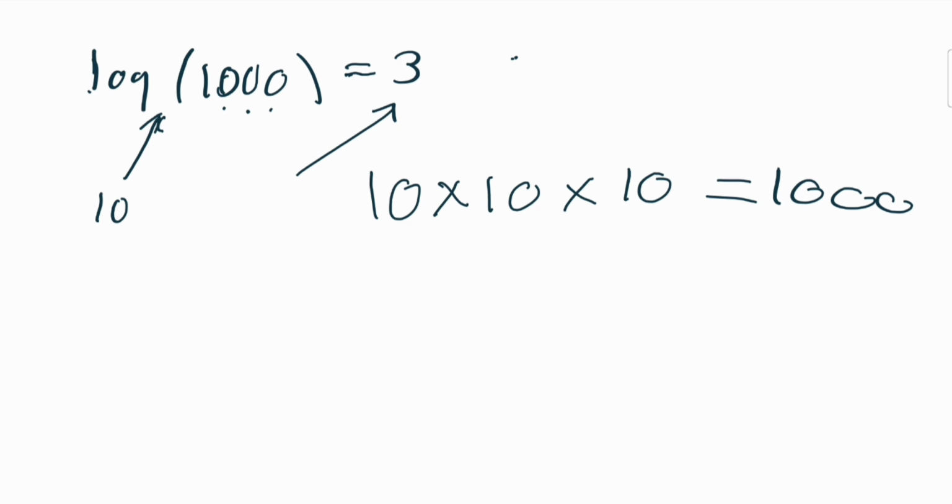So that is some basic logs. Okay, next we're going to talk about natural logs. Natural logs are different. They are written like this, ln, instead of log. And a natural log, when the base is left blank, doesn't equal 10 anymore.